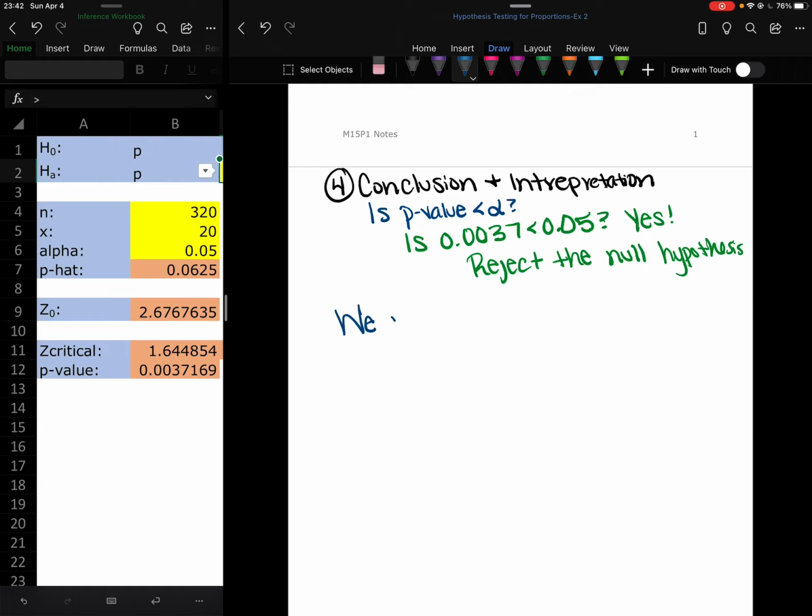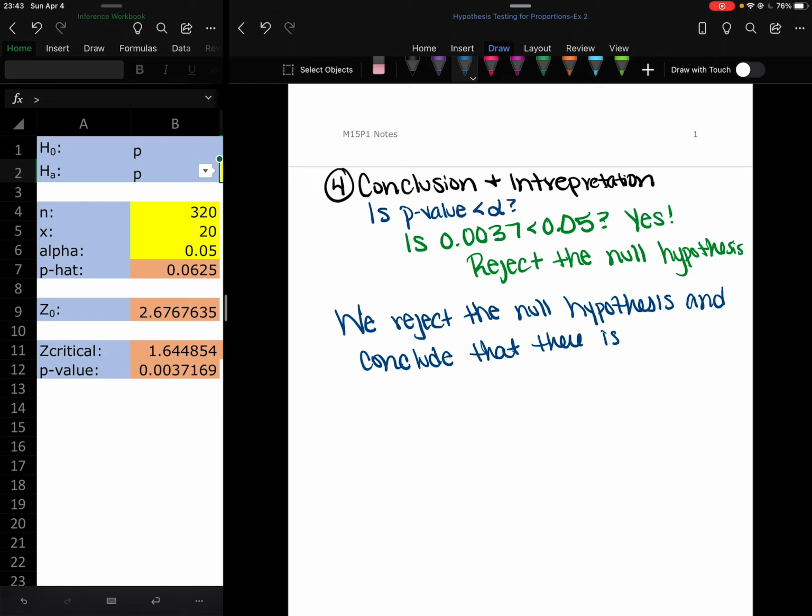So the interpretation, we reject the null hypothesis and conclude that there is enough evidence.